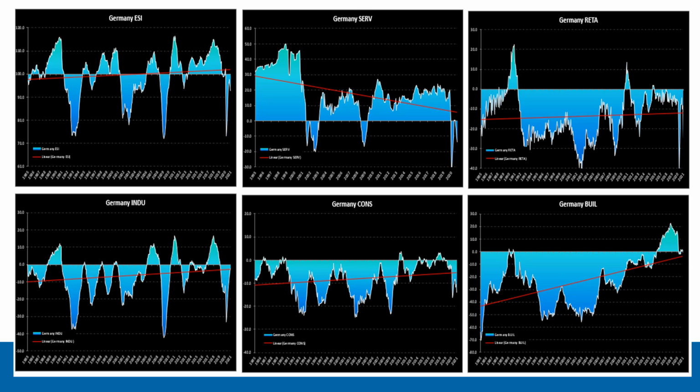If you look in the top left and have a look at the German ESI number, going into and out of the financial crisis, and think about it in the context of France, the recovery was quicker and sharper in Germany and actually more sustained overall than in France.